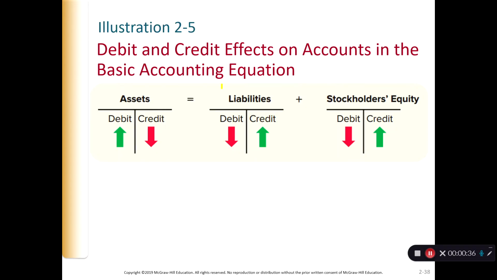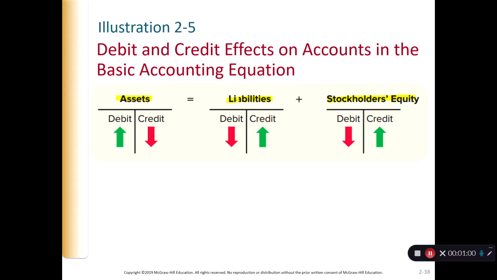Okay, so debit and credit effects on accounts in the basic accounting equation are as follows. We know the basic accounting equation is assets equal liabilities plus stockholder equity, right? Under assets, there are many different accounts: accounts receivable, inventory, and cash.